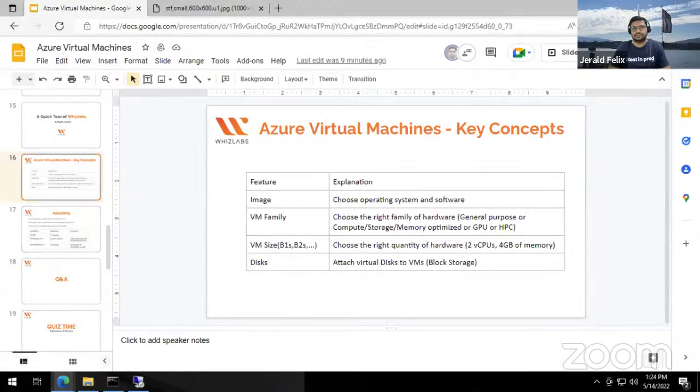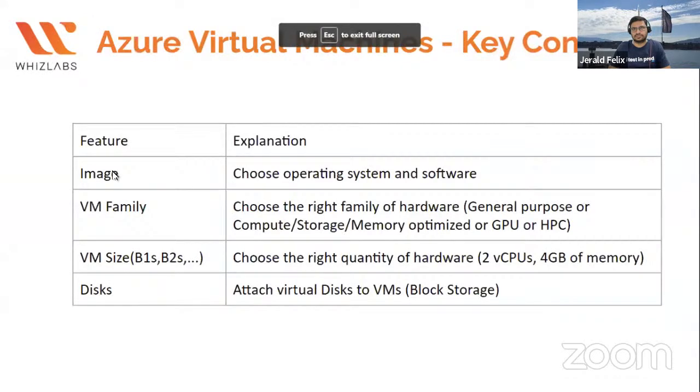Okay, so let me continue with the most important key concepts while we create the Azure VM. Let me make it as slides. So when we create an Azure VM, we need to know about the key concepts. It's really very vital.